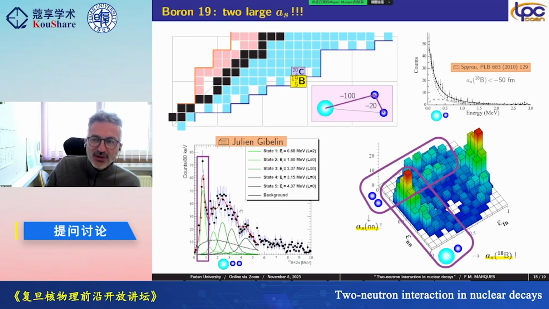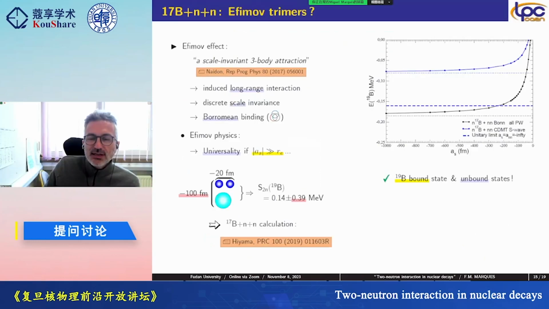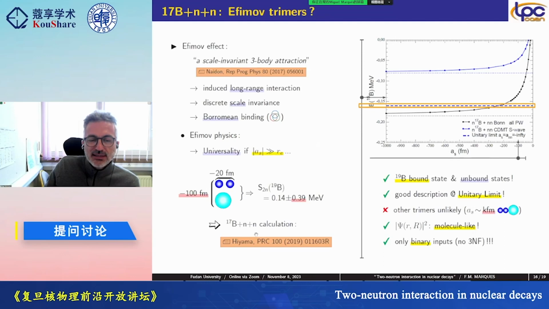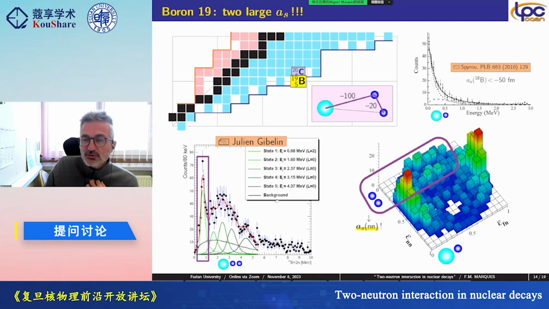On the other hand, we have this calculation from Hiyama-san. Our aim was to see if the unbound states, because this three-body model explains the bound state but also has some unbound states. We tried to explain this with the gamma shell model, but we would also like to explain it with the three-body model of Hiyama-san.